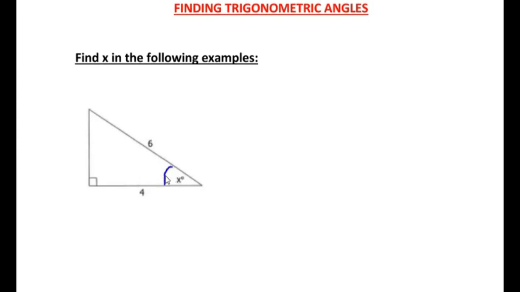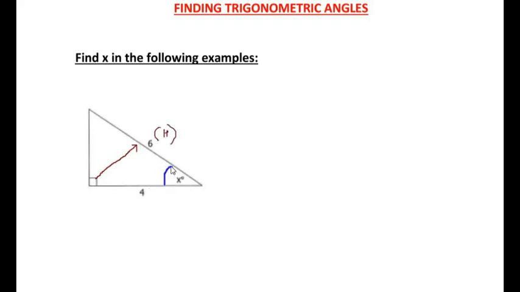Remember, before we find the angle x, we have to mark again the hypotenuse, the opposite, and the adjacent. We are going to start with marking the hypotenuse first. This is the right angle triangle, so 6 becomes the hypotenuse.